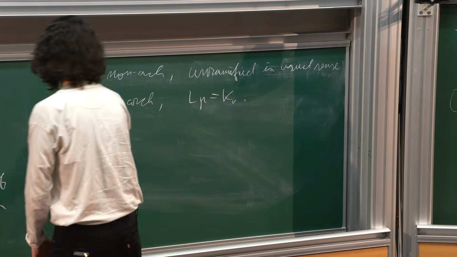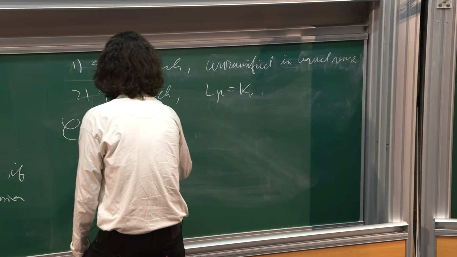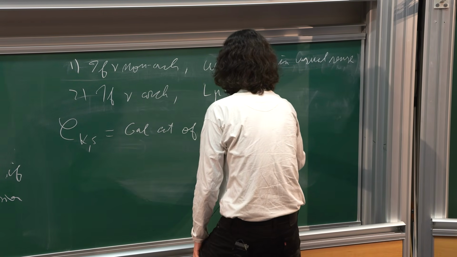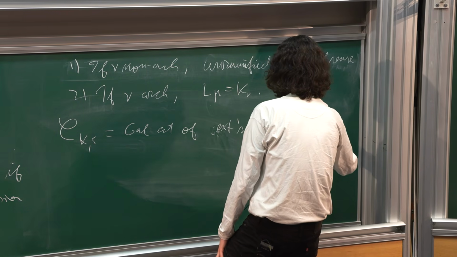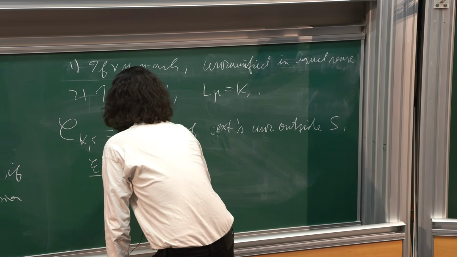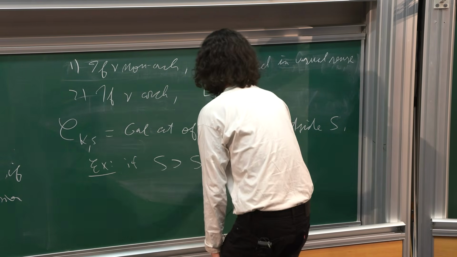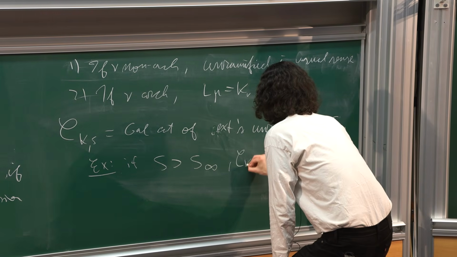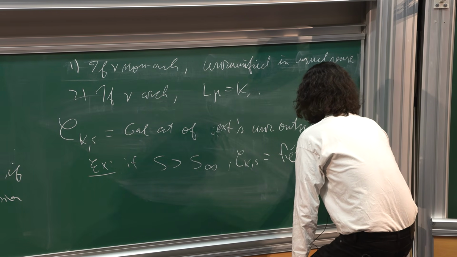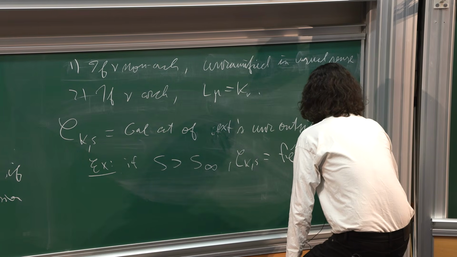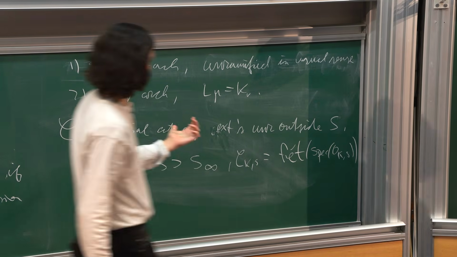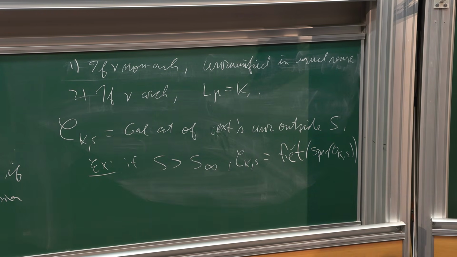Okay, so then C_{K,S} is the Galois category of extensions unramified outside S. So, for example, if S contains all Archimedean places, then C_{K,S} is just the usual finite étale site of Spec O_{K,S}, the finite étale site of that affine scheme.